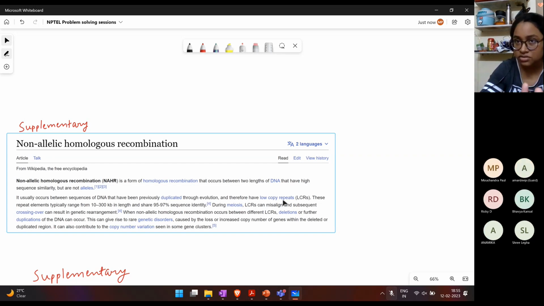So in dynamic mutation, what happens is that when you have identified an allele which is causing a particular disorder, when that allele is getting transmitted from one generation to another generation, the allele copy, meaning the DNA sequence that is coding for that allele, the number of copies, say in the first generation was one copy, in the second generation because of this non-allelic homologous recombination, the copy number increased. In the third generation it increased again.